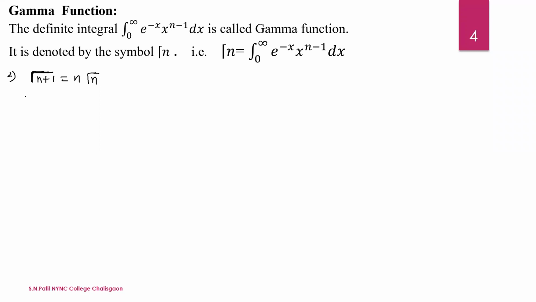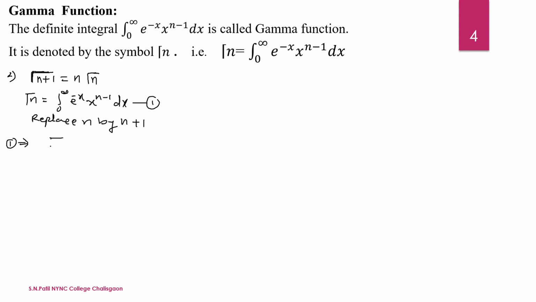Now, we have the result: gamma n is equal to integration 0 to infinity e to the power minus x, x to the power n minus 1 with respect to x. Now in equation 1, we replace n by n plus 1.